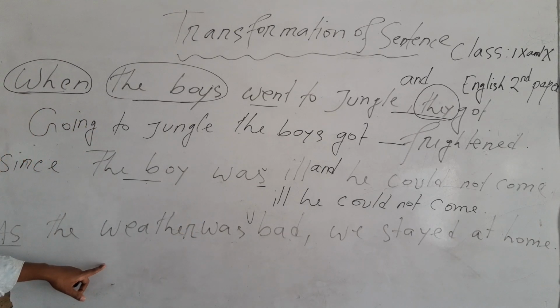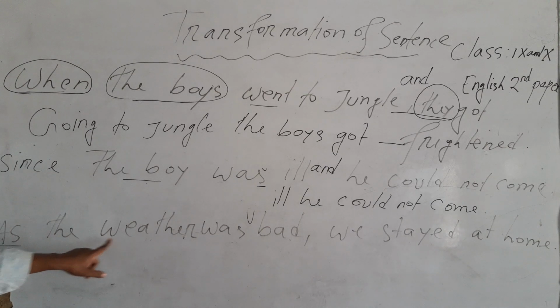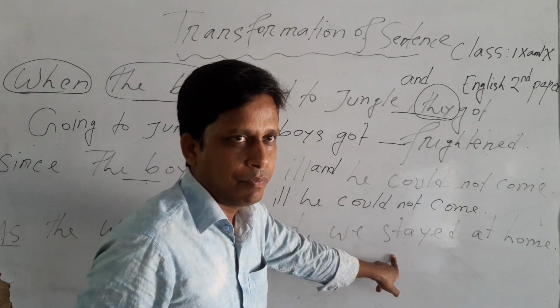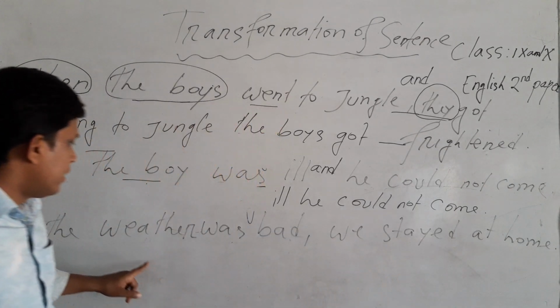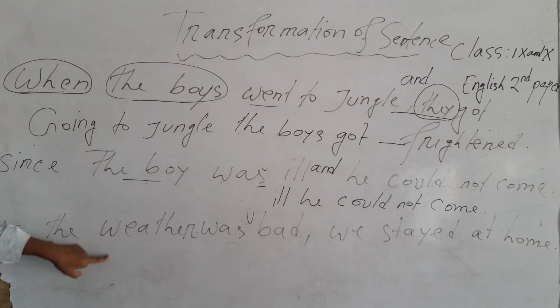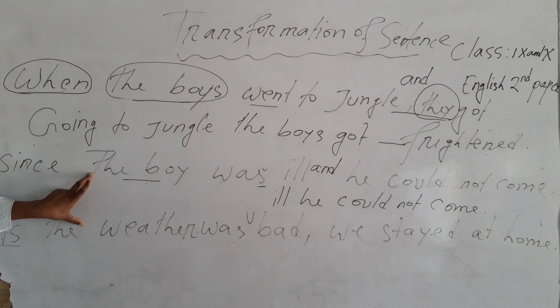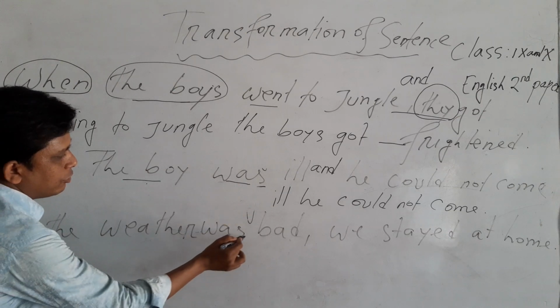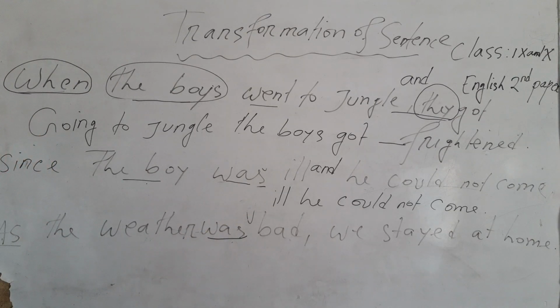Okay. Then come to the third sentence. Notice, as the weather was bad, we stayed at home. What is the difference between the last two sentences? There was an auxiliary, here is also an auxiliary.